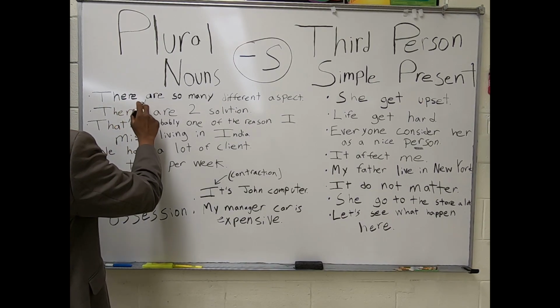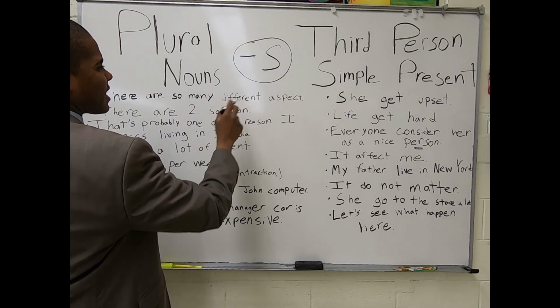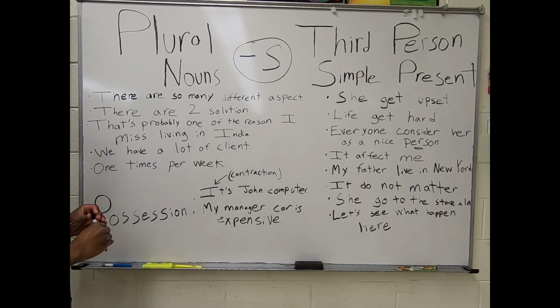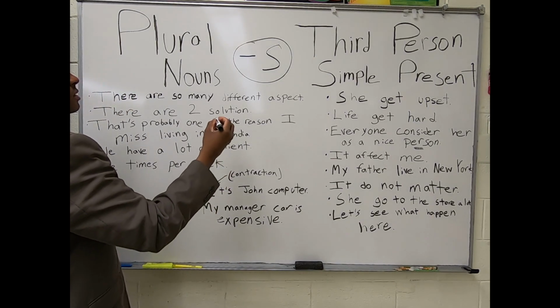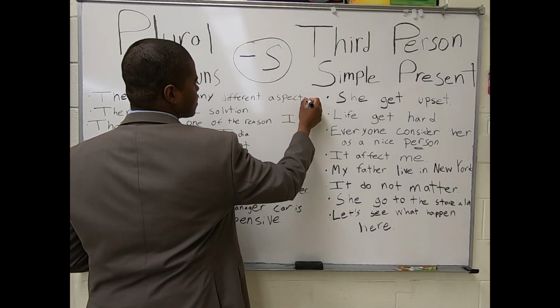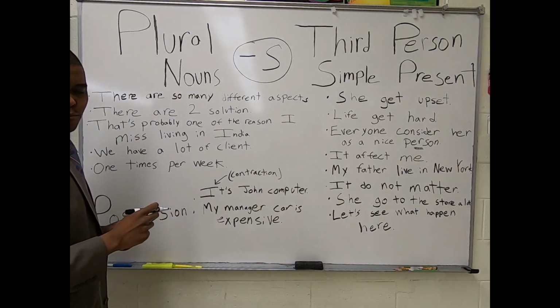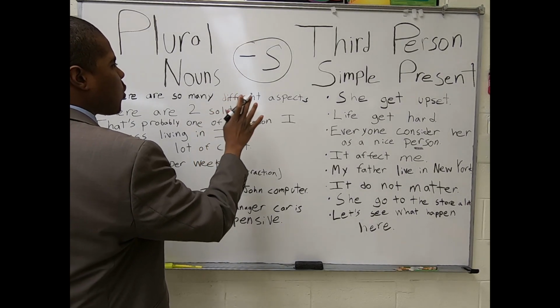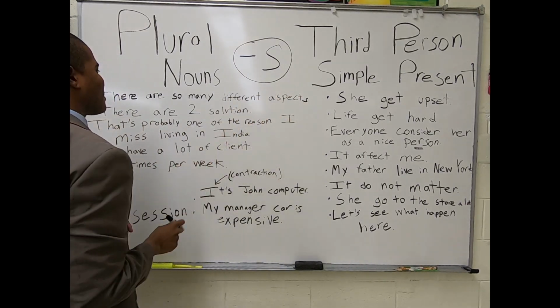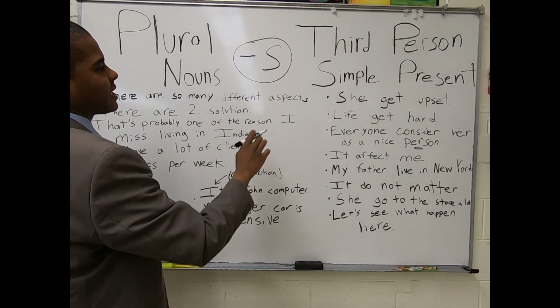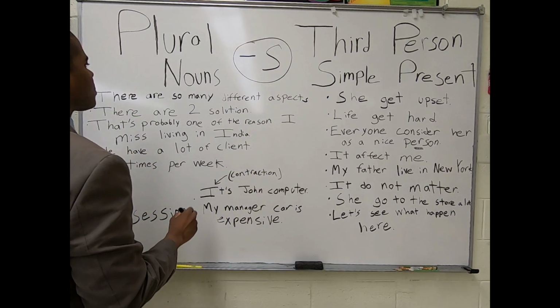plural nouns. There are so many different aspects. Do you see an error here? There's so many different aspects. But now, why do people drop the S, forget the S, don't use the S?